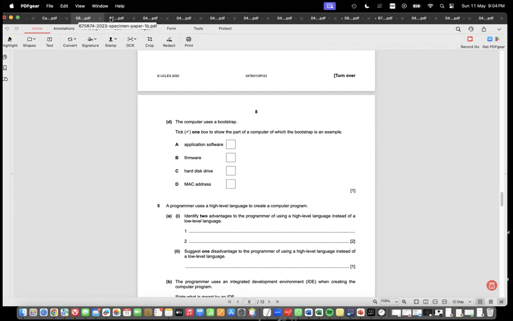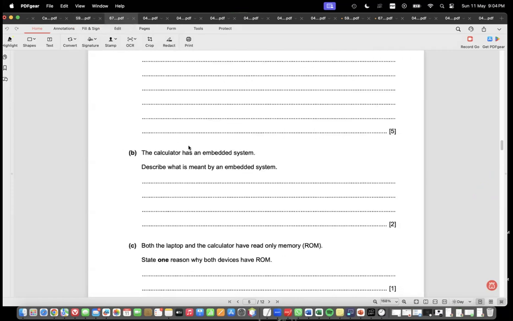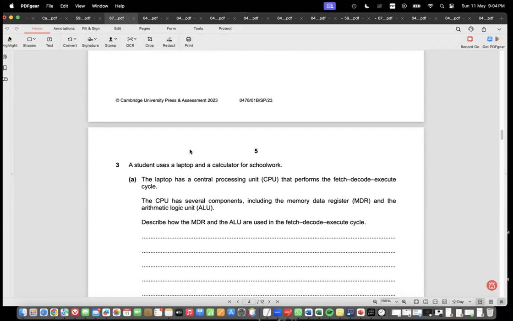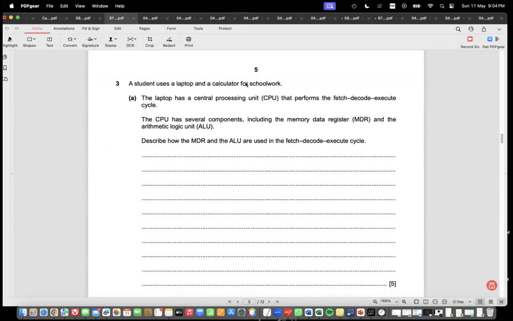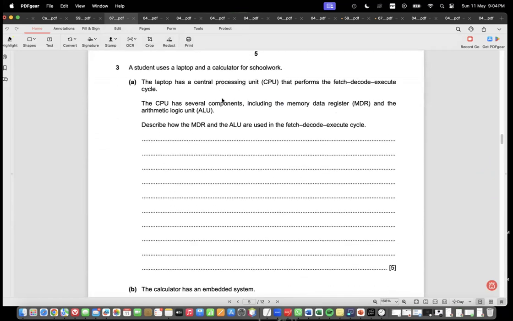Now another paper. Let's see. A student uses a laptop and a calculator for schoolwork. The laptop has a CPU that performs the Fetch-Decode-Execute cycle. The CPU has several components, including the MDR and the arithmetic logic unit.